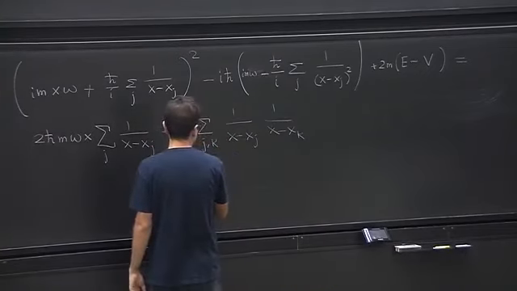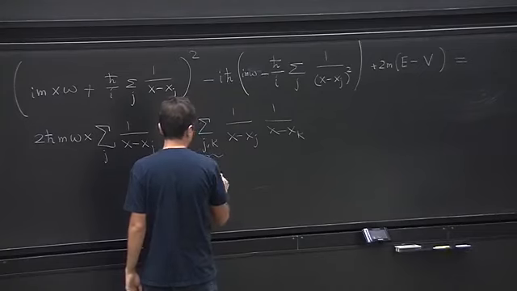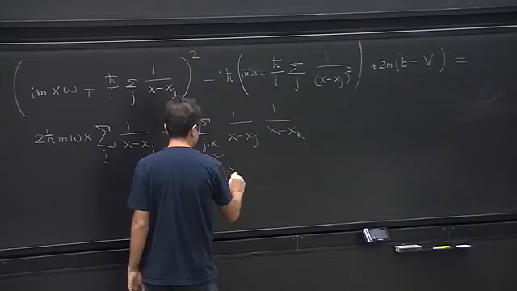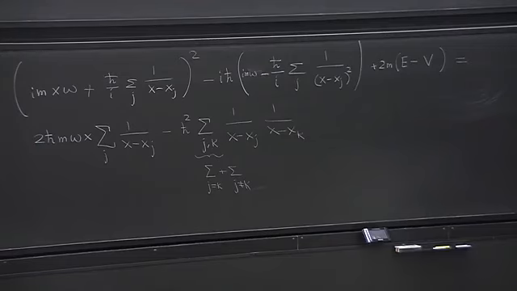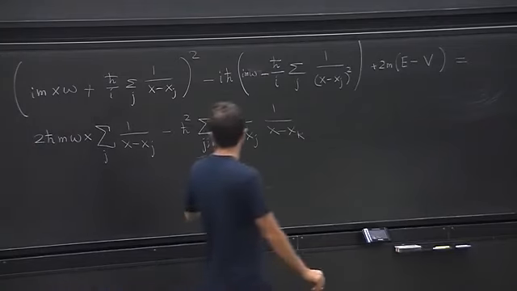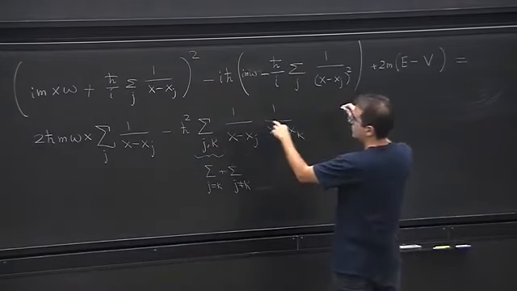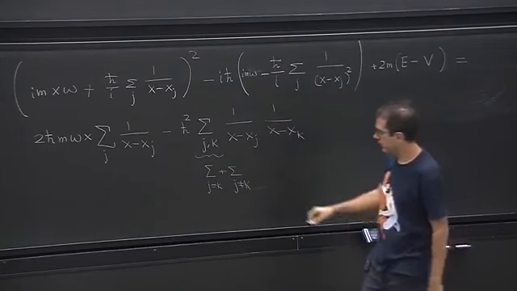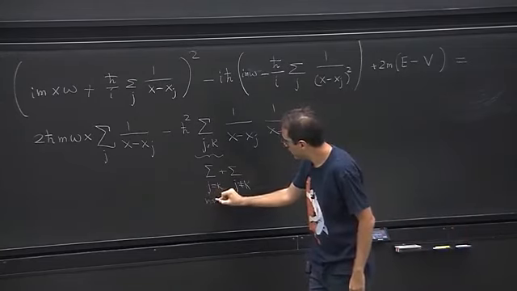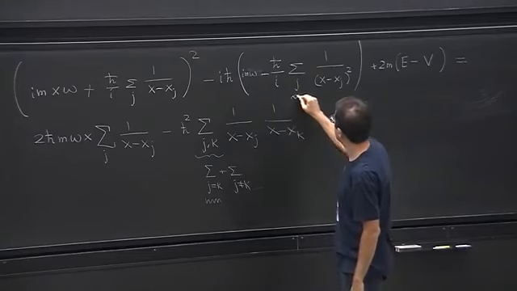And this here, I can say that it's equal to the sum over j equal to k plus the sum over j not equal to k. And when it's equal, this term just cancels this term here.